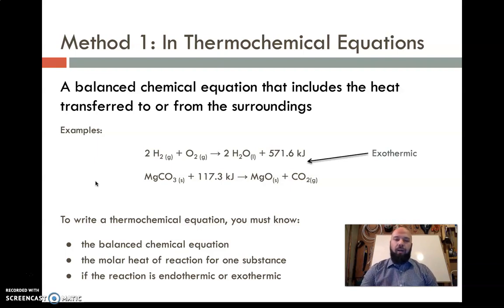It has released energy, energy has exited the system, whereas here you have a decomposition reaction where you have put heat into the system to create the oxide and carbon dioxide gas, and that is an endothermic reaction. Heat has entered the system. So in exothermic reactions, heat, or enthalpy, is a product, and in endothermic reactions, enthalpy is a reactant.